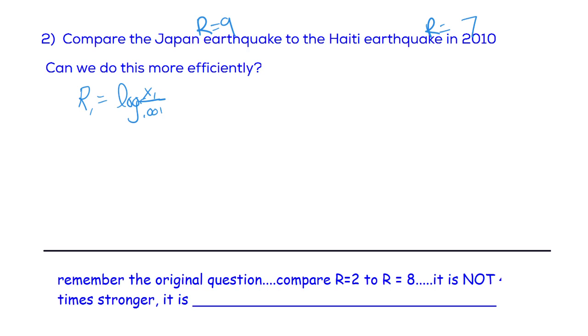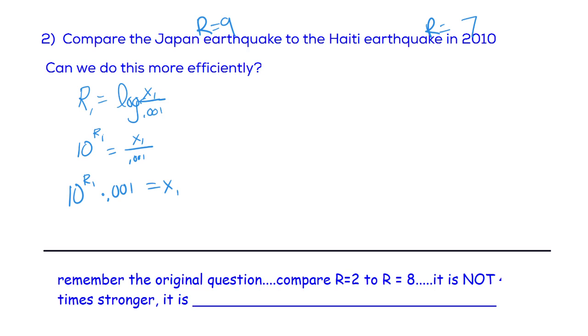The first thing I did is I switched this to an exponential. So it's going to be 10 to that Richter scale number equals the intensity over 0.001. And then I immediately multiplied by the 0.001. And that got me my intensity.